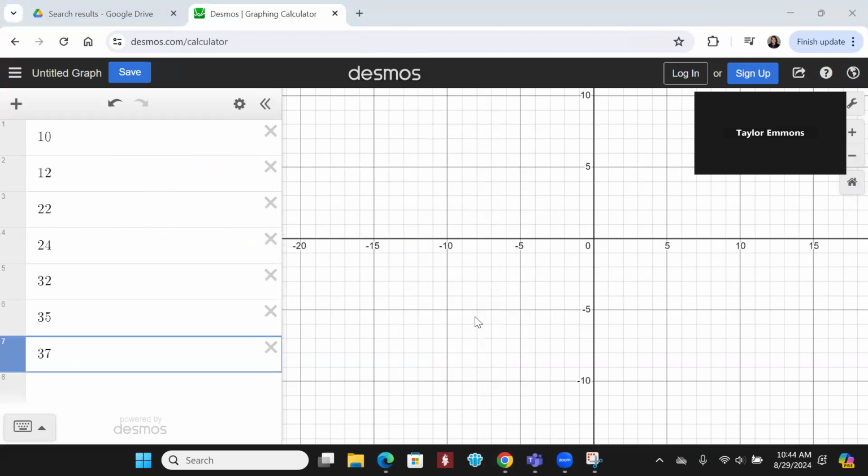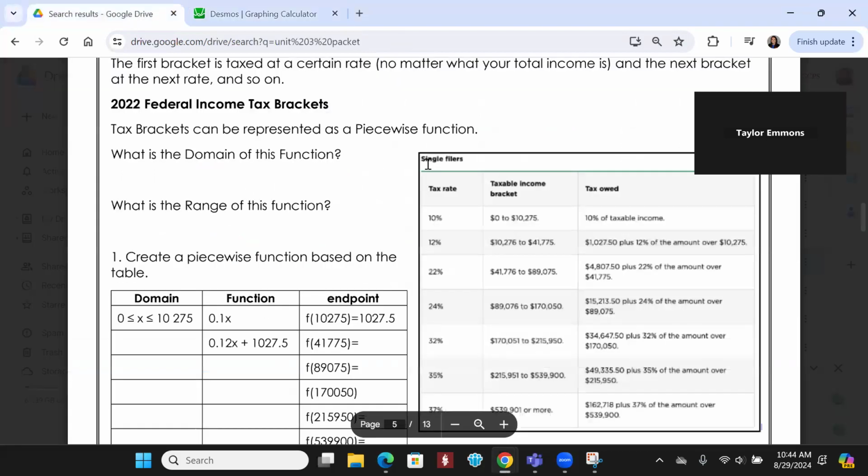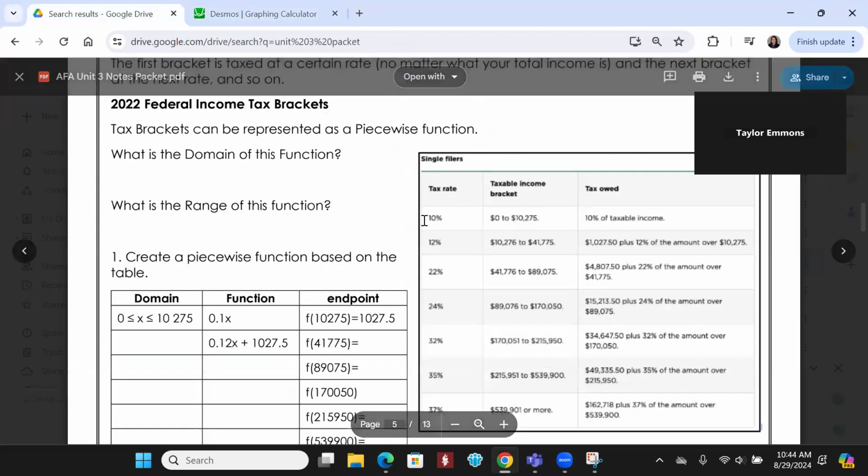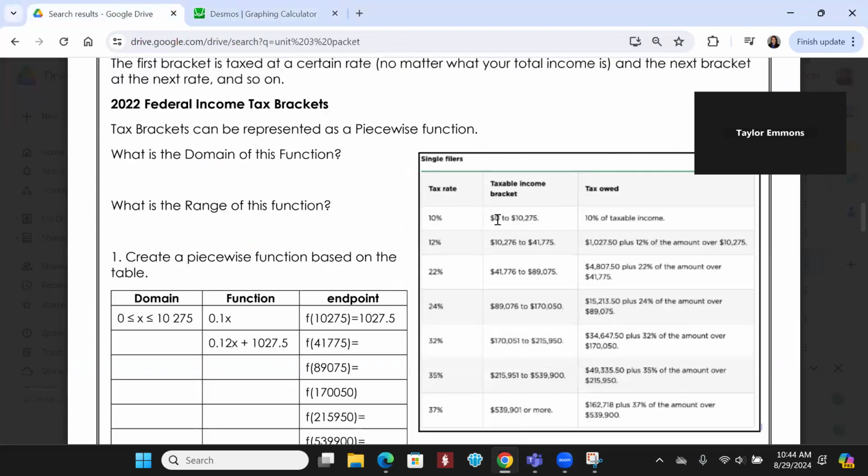Now they tell us that in order to fall into this specific tax rate, you have to be between these two numbers. Instead of putting these in thousands, we're going to write them in thousands.